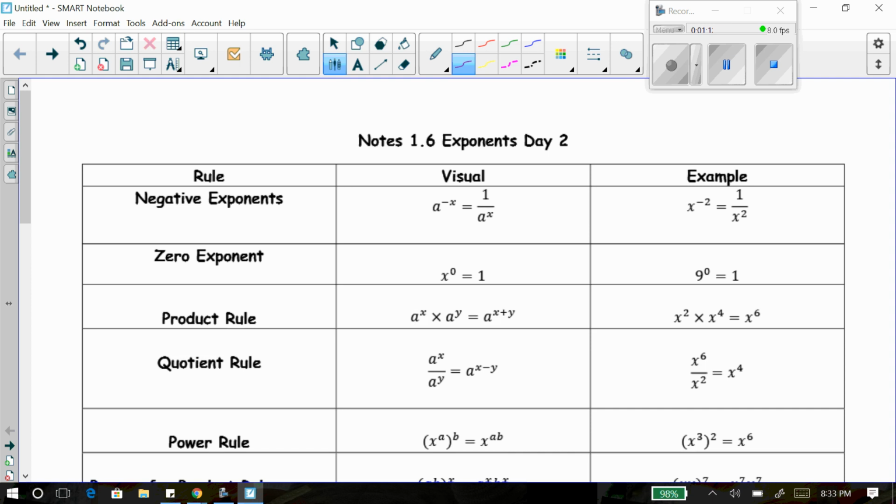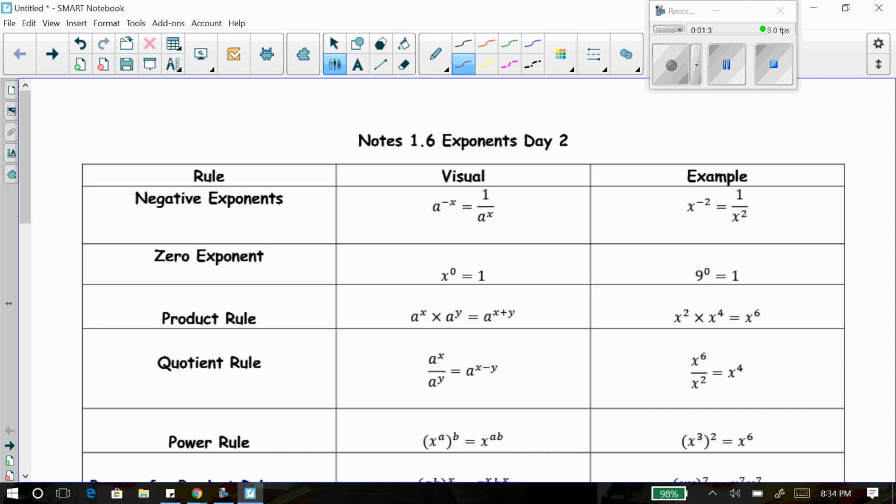All right. We also learned the zero exponent rule. And the zero exponent rule just says anything raised to the 0 power is 1. Okay? A million raised to the 0 is 1. 5,000 raised to the 0 is 1. 60 raised to 0, 1.